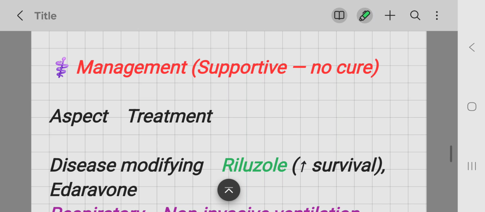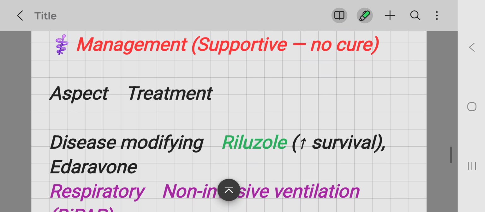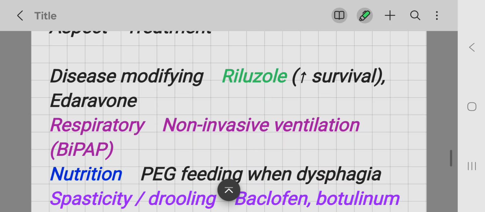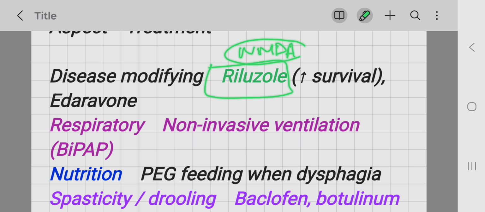Management. There is no cure for this disease. You have to manage it conservatively. First one is riluzole. Riluzole is an NMDA receptor antagonist, and this riluzole increases the life expectancy by 3 months more.